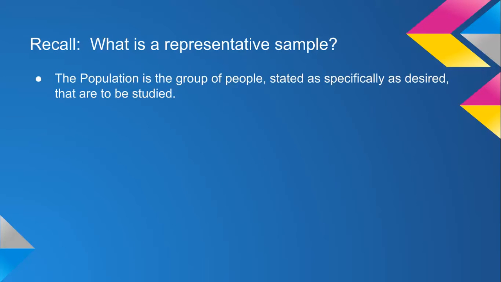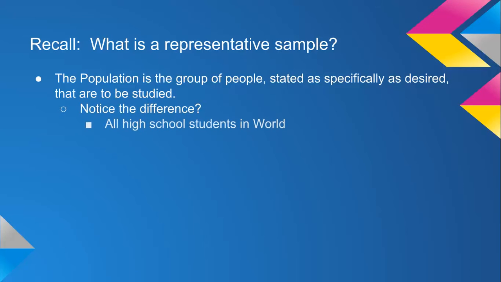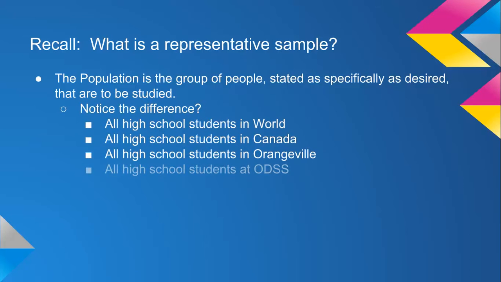Remember what a population is: a group of people stated specifically as desired that are to be studied. So you state the population. You can state it as specifically as you want. If you want the population to be all high school students at ODSS, you can say that. If you want the population to be all high school students in Orangeville, you can say that.